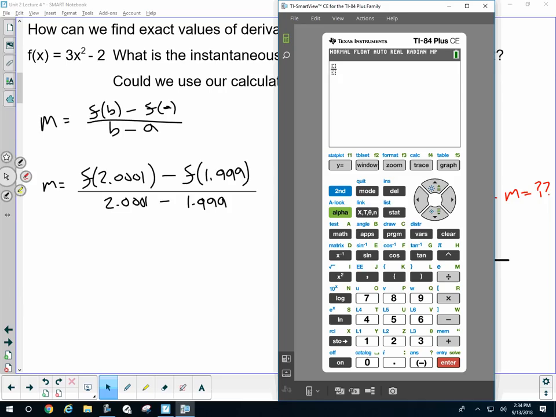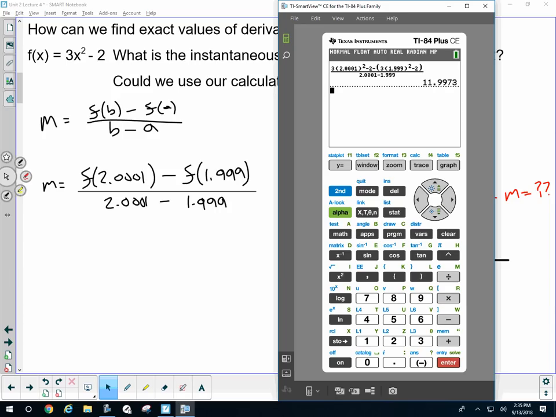So I'm going to take, in the numerator, 3 times 2.0001, square that, minus 2, and then I'm going to subtract the quantity of f of 1.999, so that's 3 times 1.999 squared minus 2. All right, so that's the change in my y's, and the change in my x's are 2.0001 minus 1. I use 3 nines.